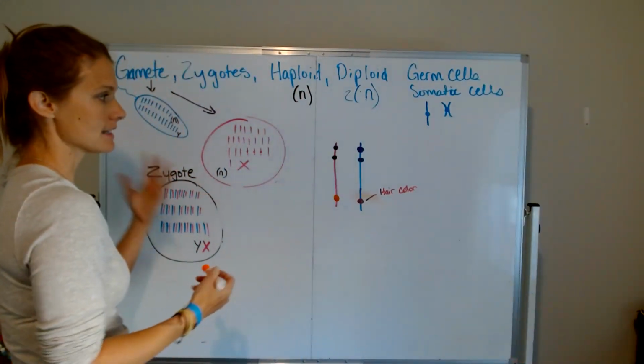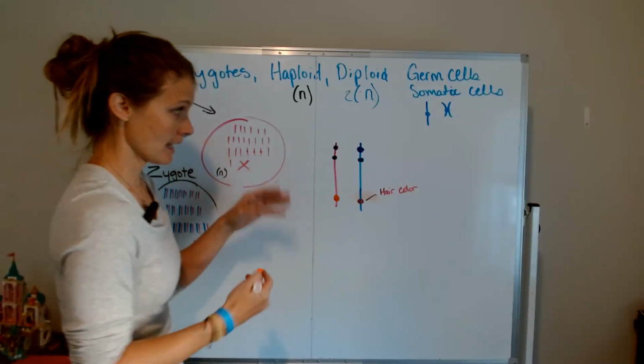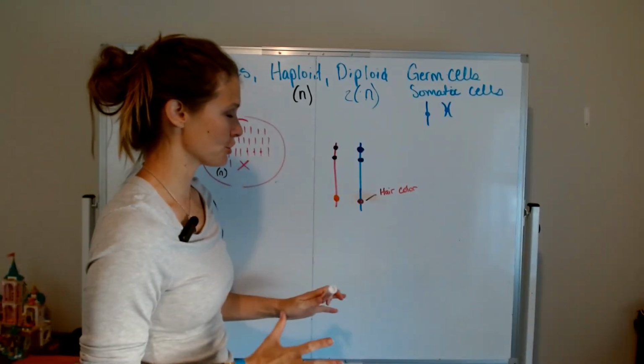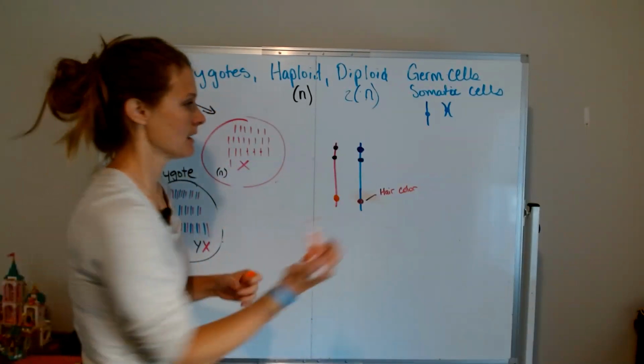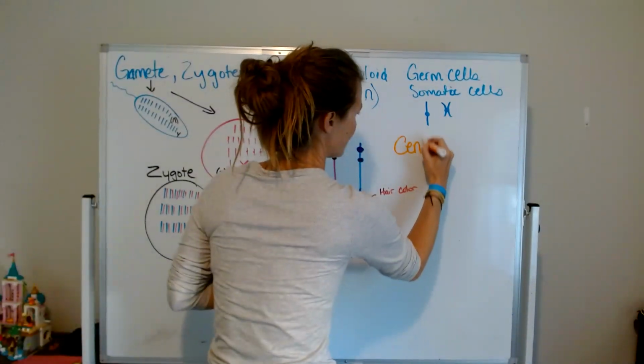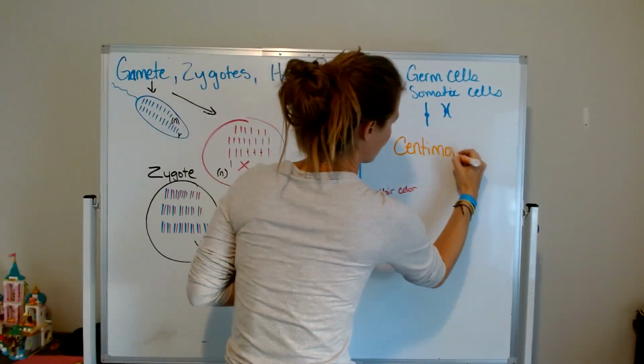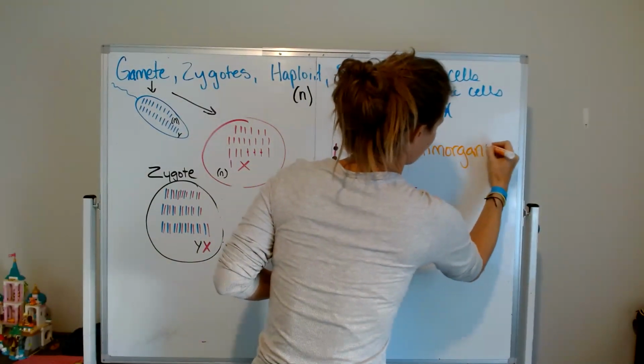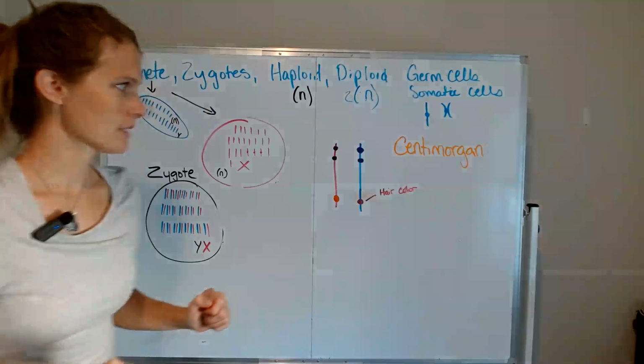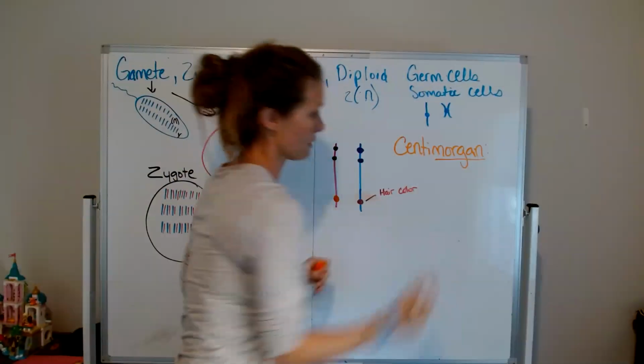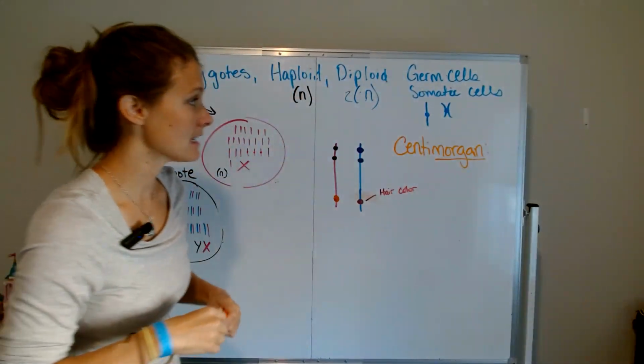So let's just say here, we're looking at this, and there's a term that I have to introduce here. It's called a centimorgan. The guy Morgan, remember in our timeline we talked about him, he discovered this.